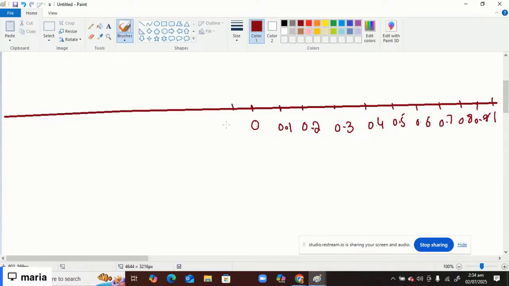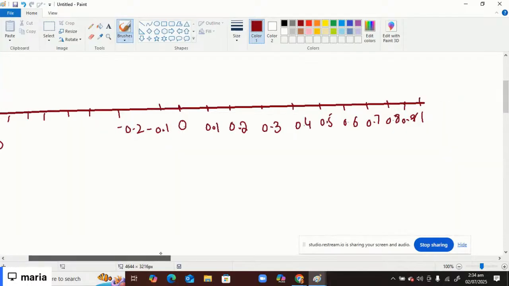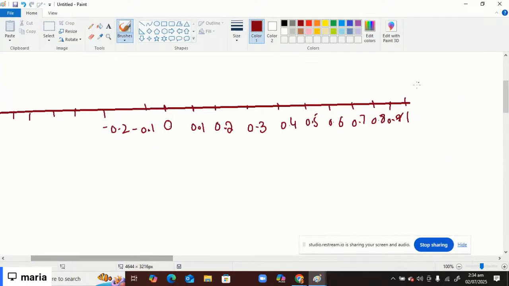For this side the same thing with the minus, and in the end it's -1. Understand? This is -1.0, and here is 1.0.